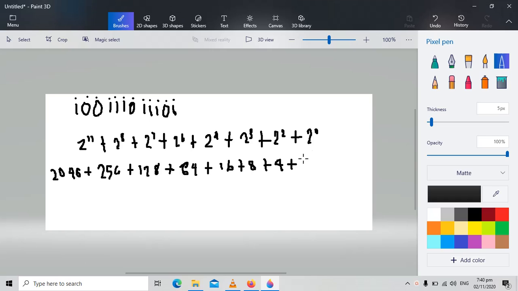And 2 to the power of 0 is 1. Now let's try to add them together, alright?